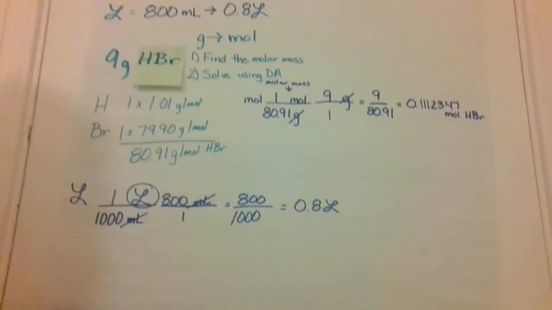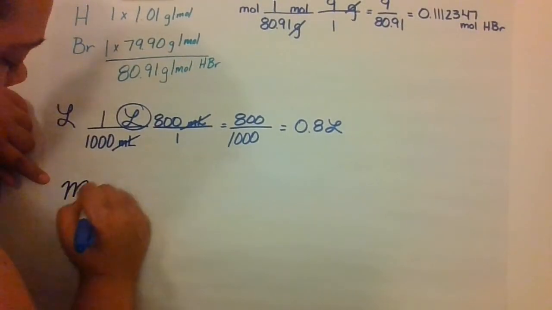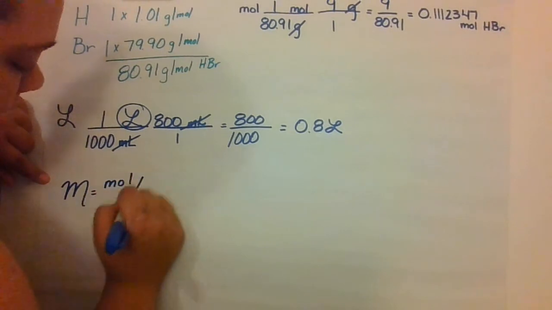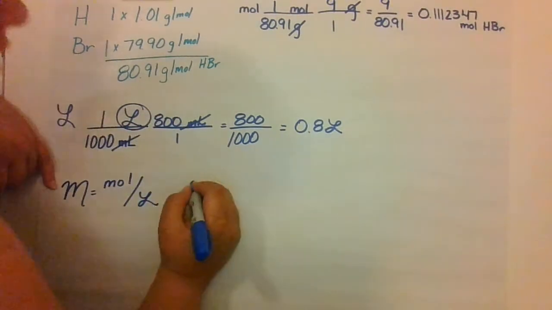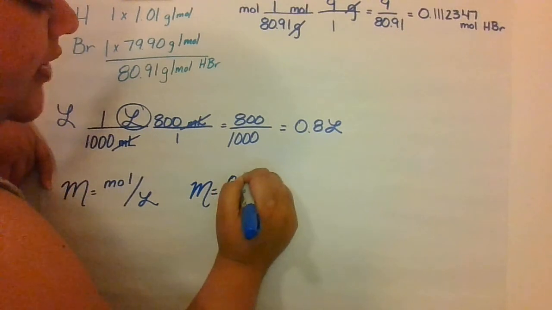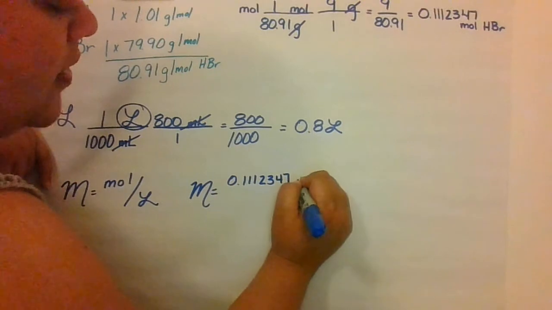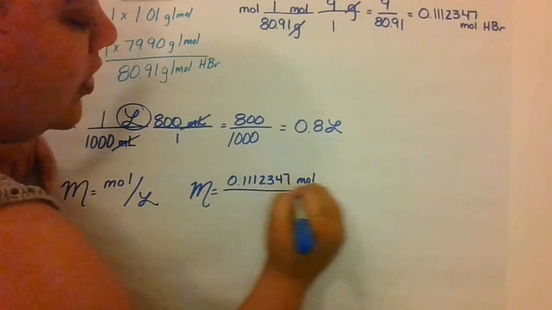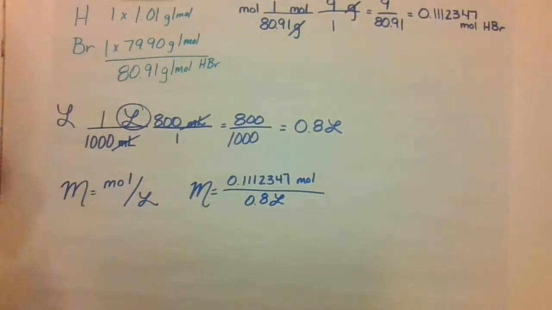All right. So down here, we're going to say, once again, writing our formula. And you will hear me say, it will not matter how proficient you feel you are, always write that base formula. So now let's plug and chug. We know molarity is going to equal 0.112347 moles, all divided by 0.8 liters.